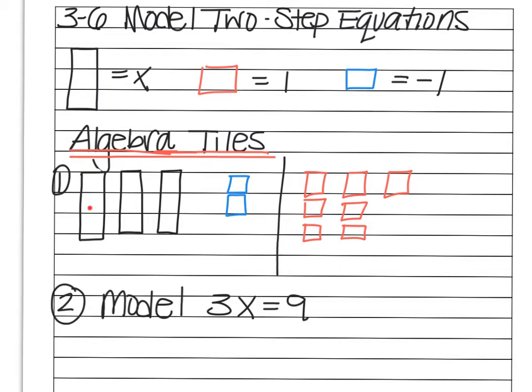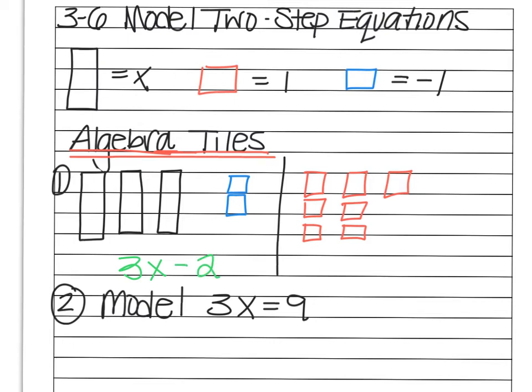So here we have our algebra tiles, and there's 3 of these. And those 3 rectangles, if you remember, are x. So we could write that this is 3x. And we have 2 blue tiles. So that, if you look at our key, is -1. So we're going to have -2.